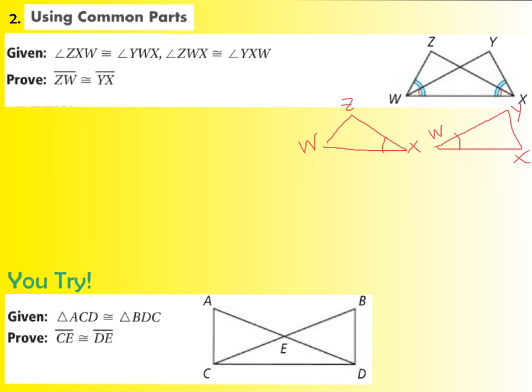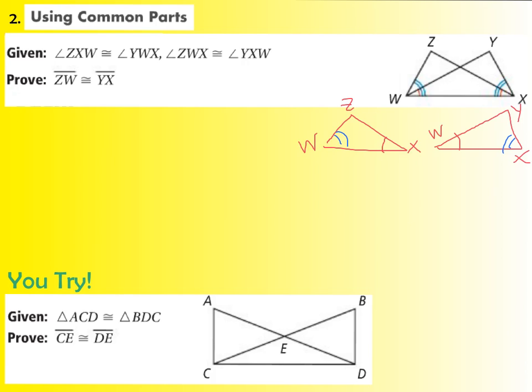And I know that ZWX, this angle, is congruent to YXW, this angle. Okay, so I need to prove that segment ZW is congruent to segment YX. Alright, so you can use any proof you want to: flow proof, two-column, paragraph proof. I'm going to go ahead and do a paragraph proof.